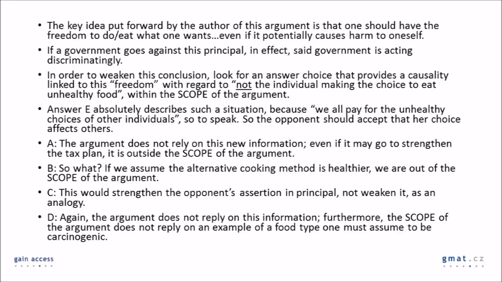In other words, within the limits of where a correct answer can lie. Now, answer E absolutely describes such a situation because we all pay for the unhealthy choices of other individuals, so to speak. So the opponent should accept that her choice affects other people.